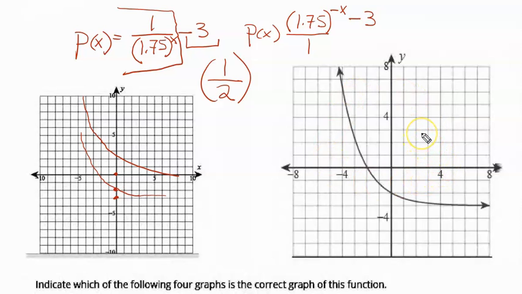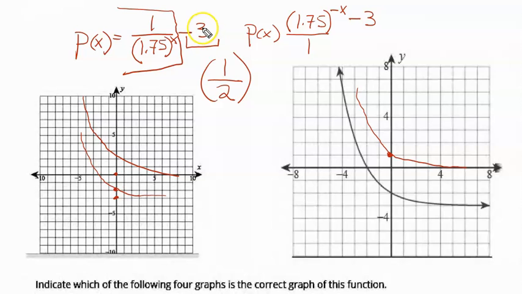Now again, if you have the graphing calculator or Desmos, and you put this original function into the graphing calculator, it'll show you this. But notice where that line would have gone through originally, we're shifting it down.